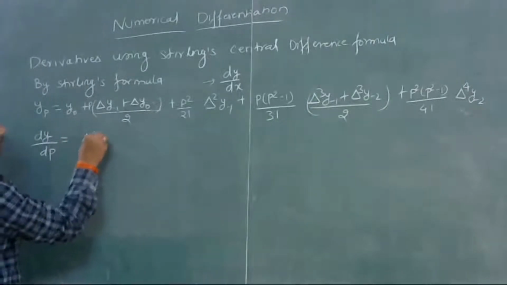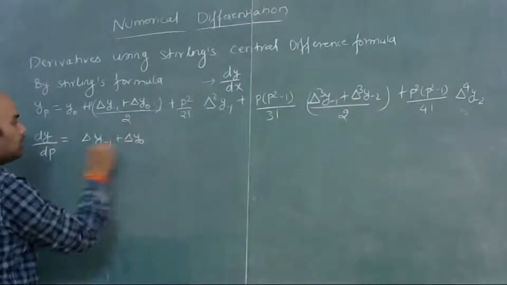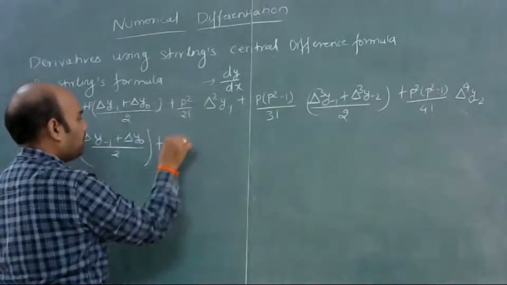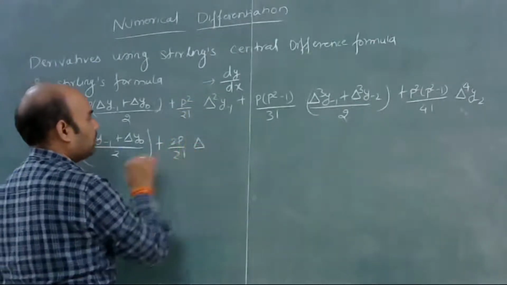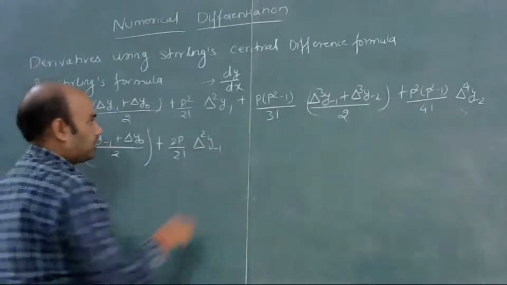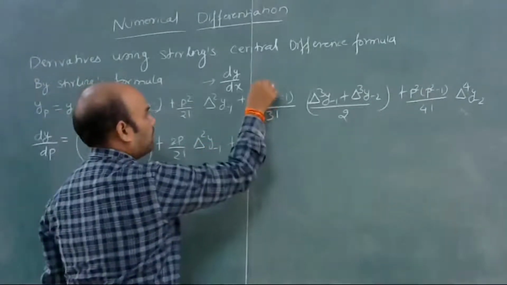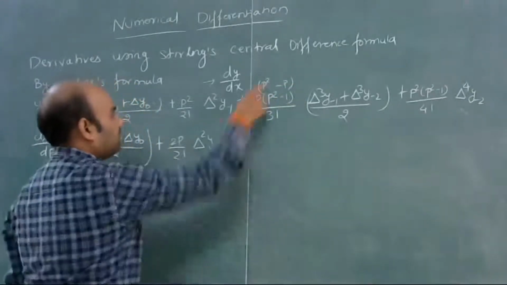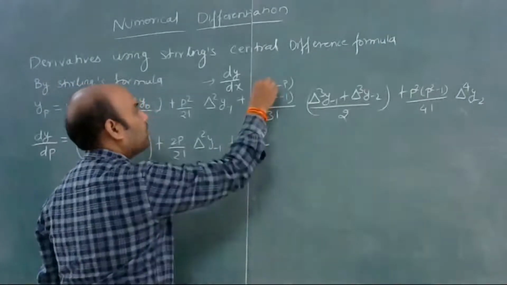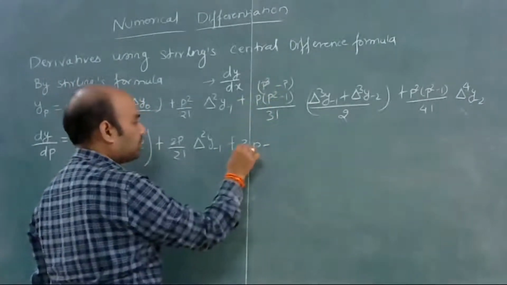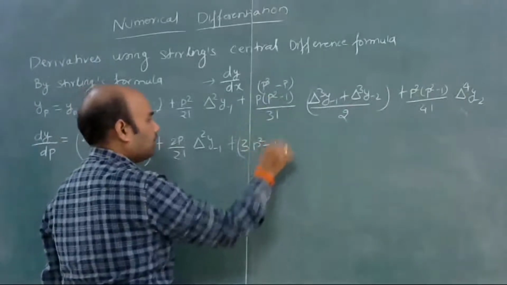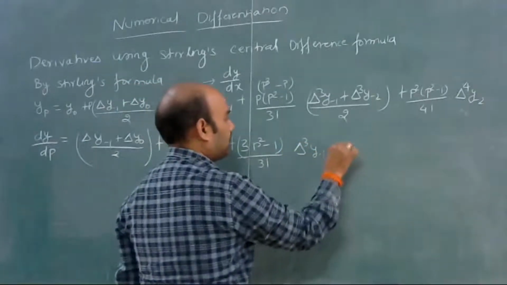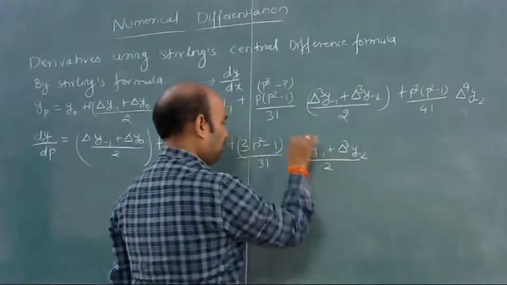So we will get this (del y_-1 plus del y_0) divided by 2, plus this is p square, so this will be 2p divided by factorial 2 del square y_-1. Then this is p cube minus p, so differentiation of p cube is 3p square minus 1 divided by factorial 3 times (del cube y_-1 plus del cube y_-2) divided by 2.